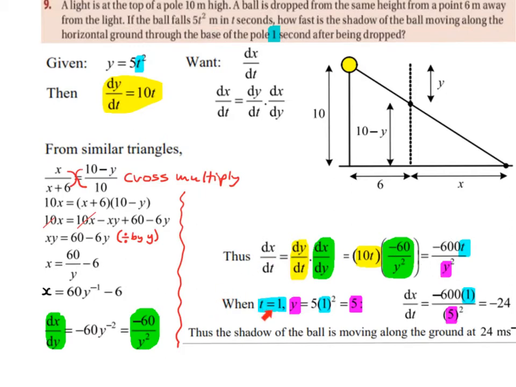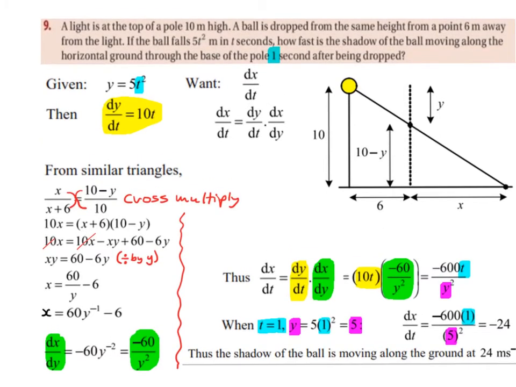So when t is equal to 1, because we are interested in how fast the shadow of the ball is moving along the horizontal ground through the base of the pole after 1 second of being dropped. So that's t equal to 1 second.